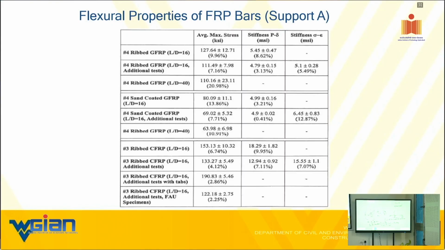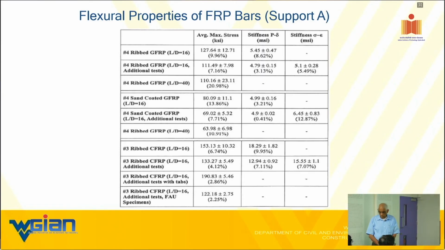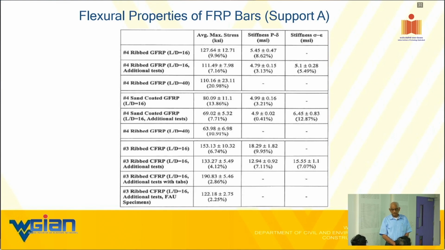You were saying that the data on column compression, axial compression, is not available. Very few have done that so far. Yes, there are some small studies, like the Chinese have done. But think about it for 1 minute. Even a 6-inch by 6-inch column is about 36 square inches.